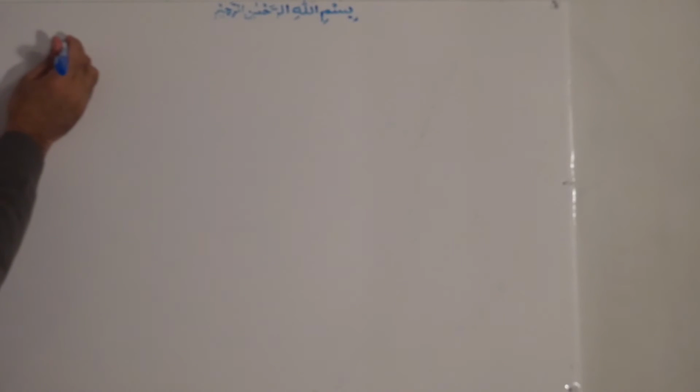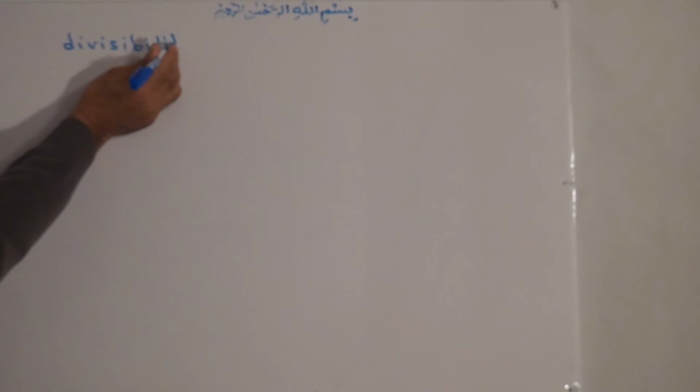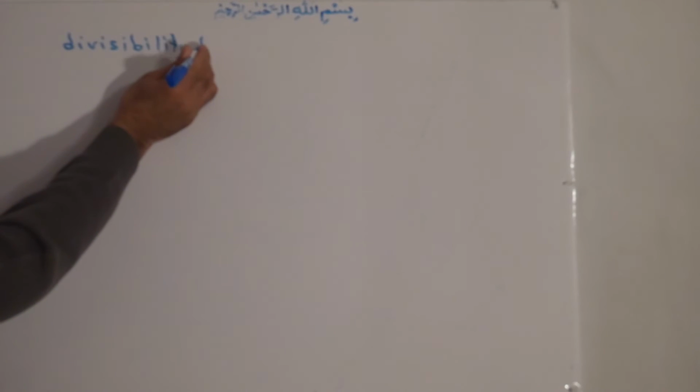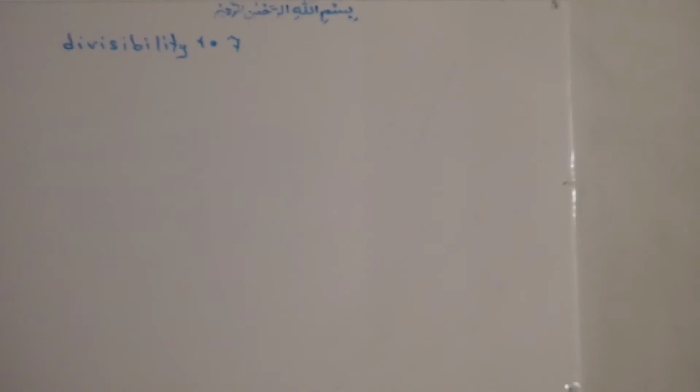Then divisibility by 7. What we do is a little process.